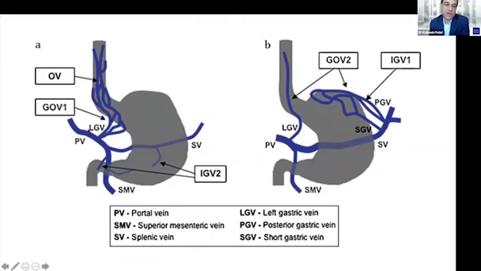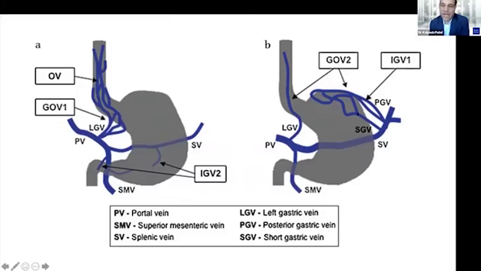These are predominantly fed from the left gastric vein directly off the portal vein. Our approach to those is typically focused on banding, as most of you know, which is highly effective for esophageal varices, and we really are just extending that along the cardia or lesser curvature to treat GOV1s as well.